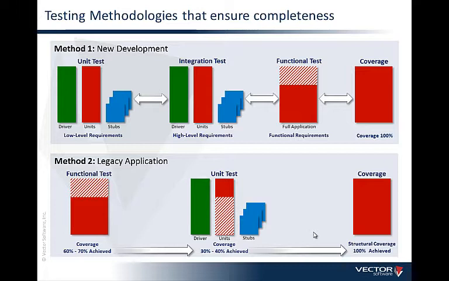Method 2 supposes that our application is largely complete before we start testing, and in that case we can collect our functional testing coverage and combine that with only enough testing at the unit test level to achieve 100%. So that process might be quicker and therefore cheaper.